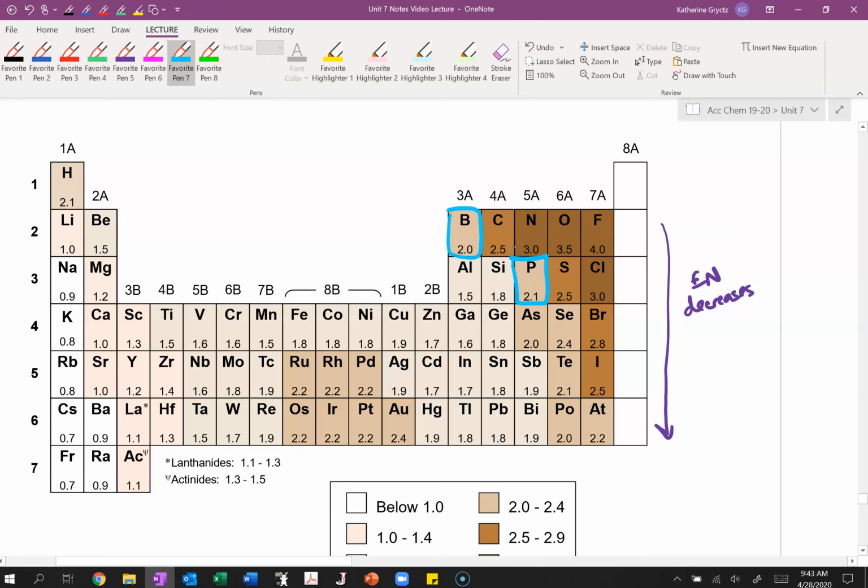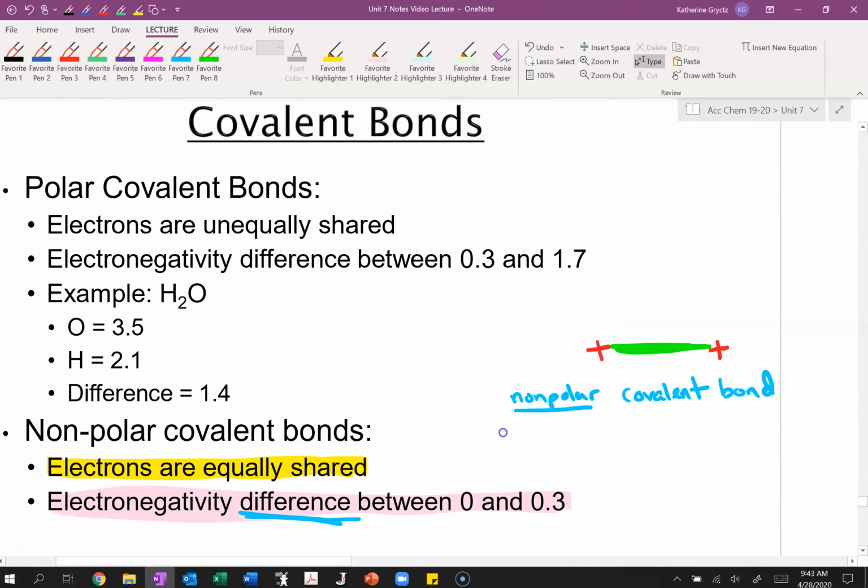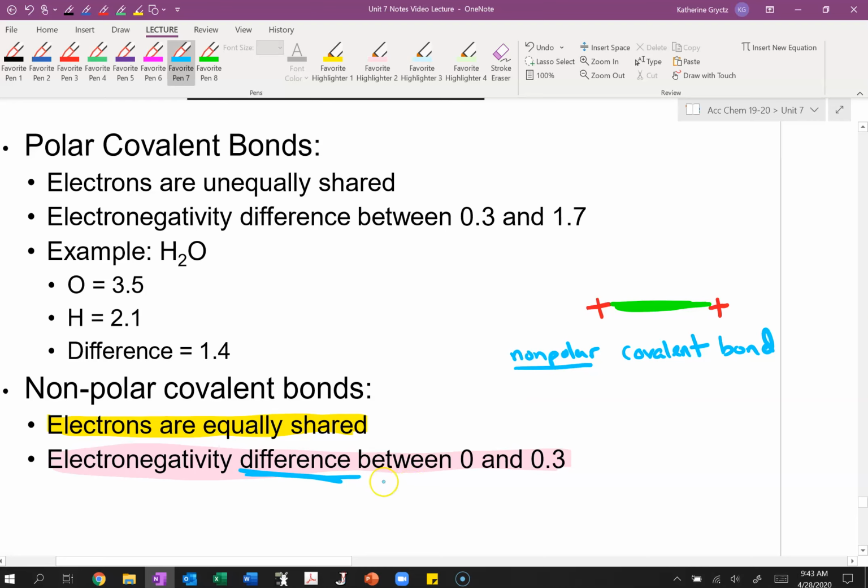Let's say hypothetically put those two together, and you had them fight for electrons. Their electronegativity differences are so close that you wouldn't really see any side gaining any kind of advantage. Now you would see like, okay, phosphorus has a slight advantage, but it's too small to really have a big effect on the overall molecule. And so what we call this battle between the two, if they're sharing electrons, is we call that nonpolar. Okay, if that difference between them is between 0 and 0.3.